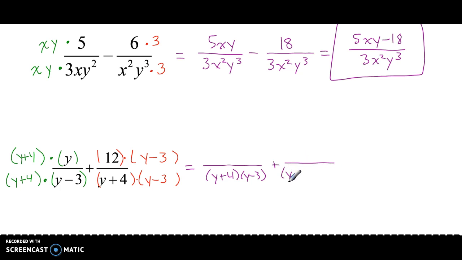And yeah, it's a complicated denominator compared to what we started with, but that's what happens when you build common denominators. They're more complicated. This first fraction, y plus 4 times y, you can't leave that factored if you're going to add it to the other fraction. So if you're going to add these numerators together, you have to have them multiplied out. And this is one of the things that's a little challenging about this.